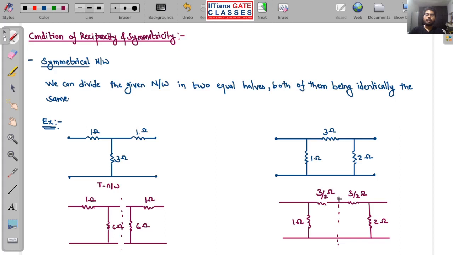Because if I break the circuit from this point, both the circuits are not identical. Suppose this was 1 ohm, then the above circuit would have been symmetrical. So this is what is meant by symmetrical circuits or symmetrical networks.